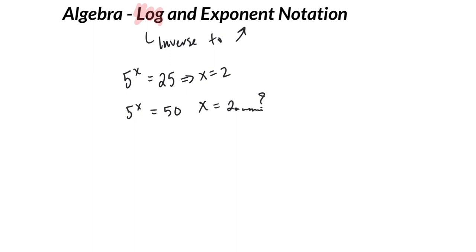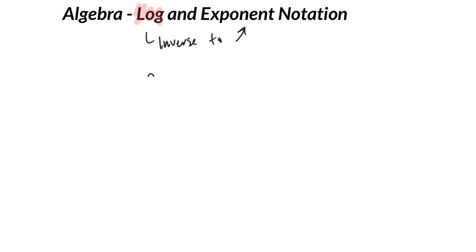So the first thing we really should know about logs is how to write them and how they relate to exponents. So you'll often see something written like this, and I'm going to use letters so that we can just generalize. A to the x power is equal to b can be written using logs as log base a.